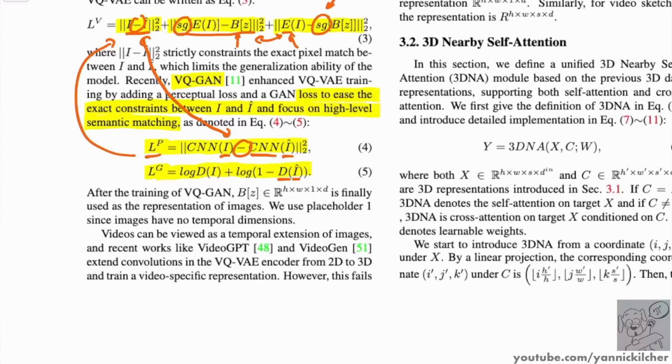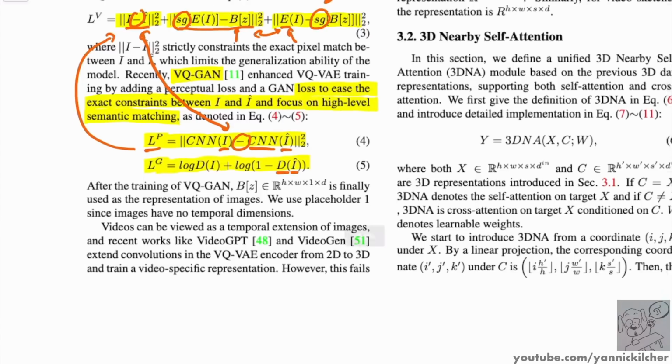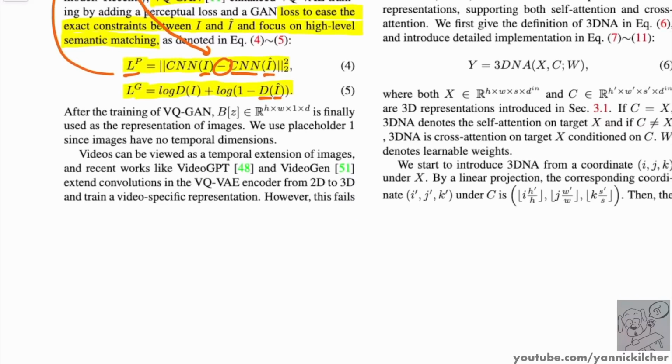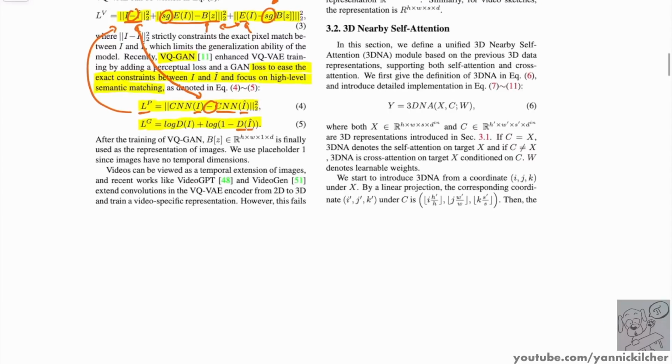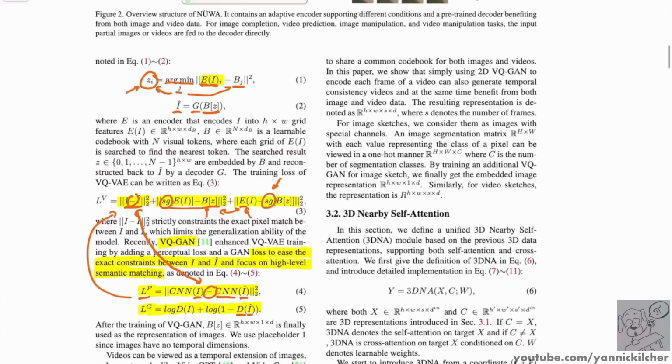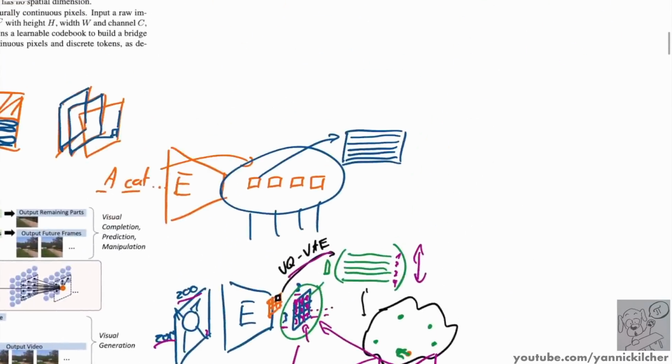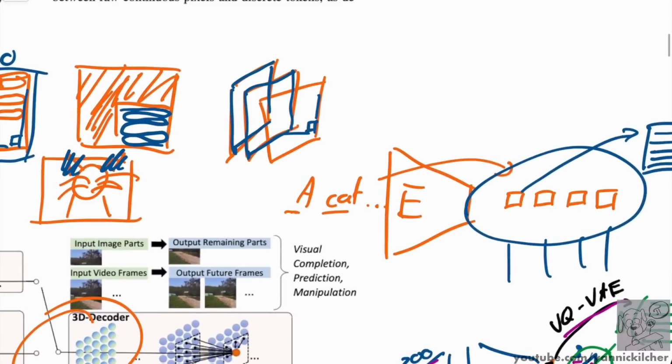Again, we don't know. They further say that you could do the same thing for videos, right? You could train a VQ-VAE or VQ-GAN for videos, because after all, videos are just a stack of images, as we saw. But they say that didn't work out well.